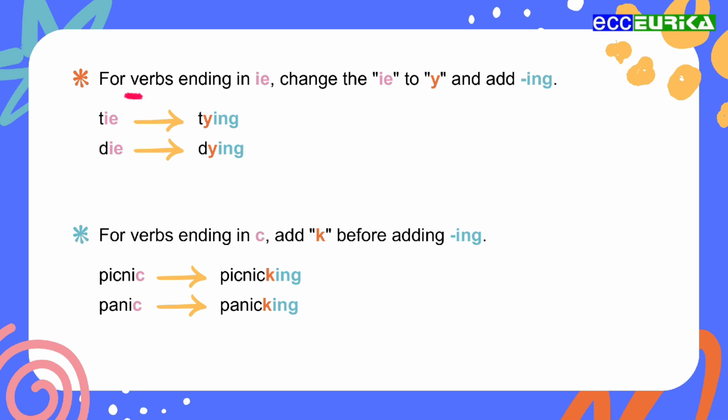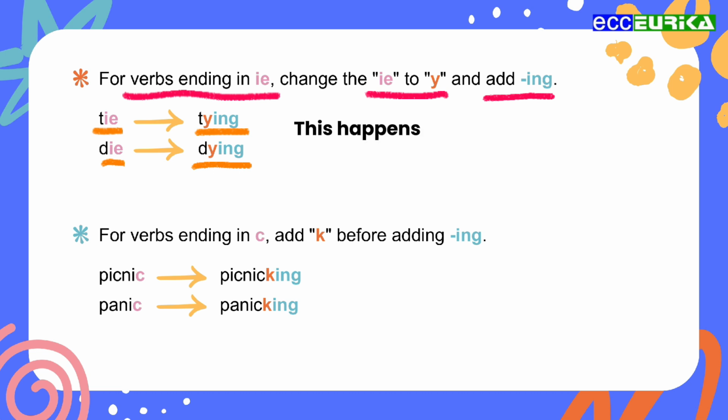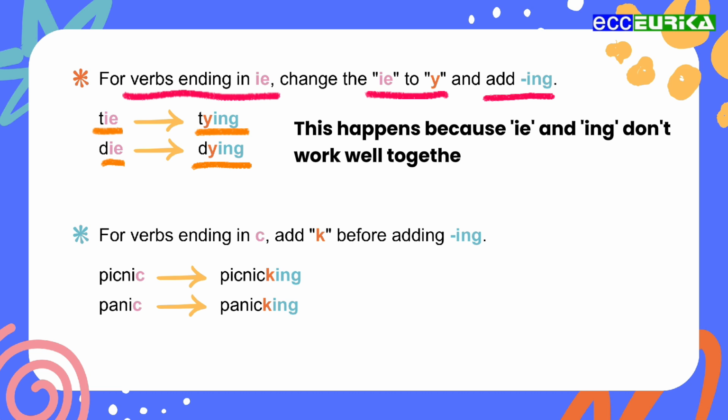Next, if a verb ends in IE, we change IE to Y before adding ing. For example, tie becomes tying. Die becomes dying. This happens because I and ing don't work well together in pronunciation.